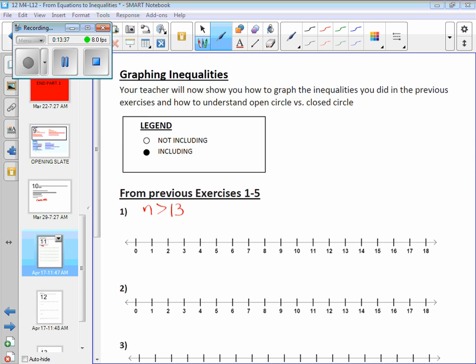What did I tell you? Closed fist means it can equal it. So closed fist, if you can make a little note on the side right here, closed fist is a closed dot. Same thing if the inequality goes this way.